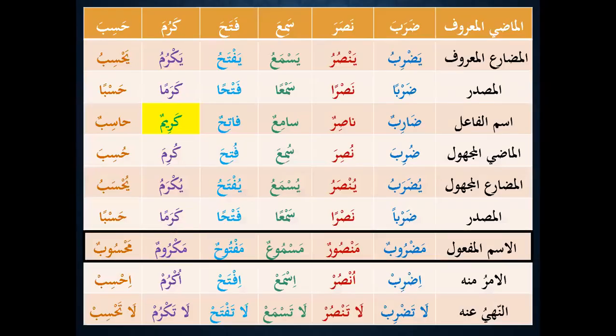And اسم المفعول is again on the scale of مفعول مضروب منصور. Now مكروم, since this is a lazim bab, intransitive, it does not take مفعول. It shouldn't, because it doesn't need it. The action is done by the doer itself in such a way that it does not need any external agent to carry out the action. For example, eating.